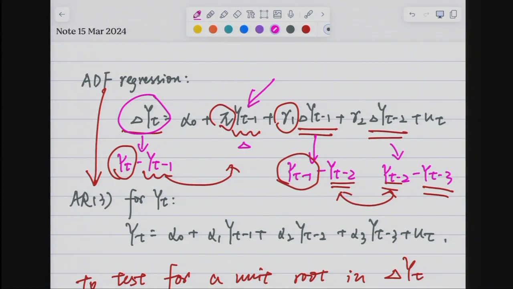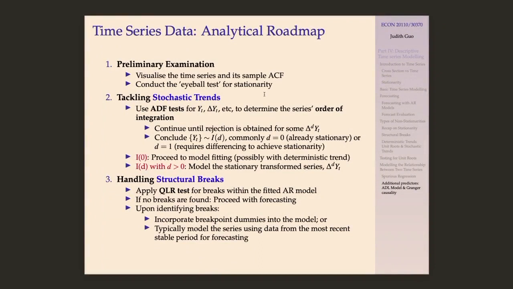Coming to the slide for today. So far we've been talking about how to check for non-stationarity. Essentially this entails first doing some preliminary examination, an eyeball test. But any eyeball test conclusion is not a formal conclusion.